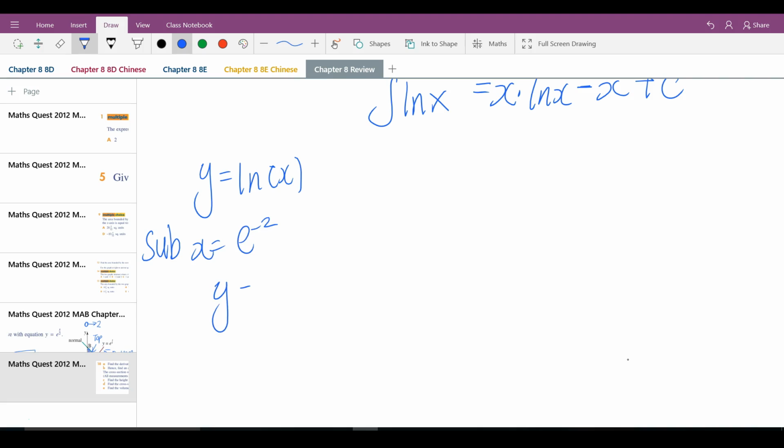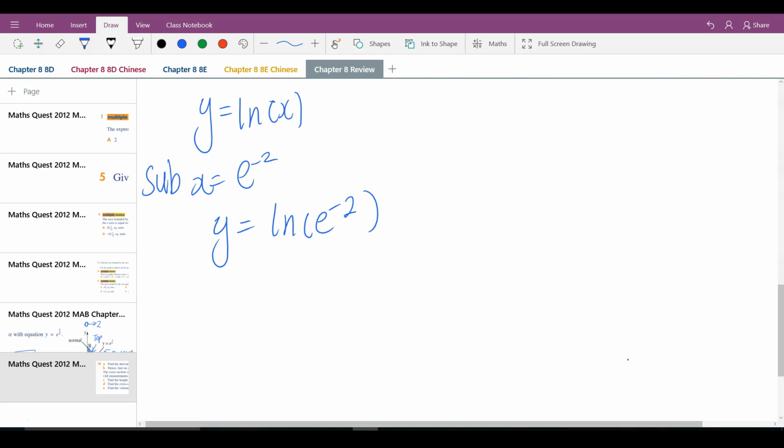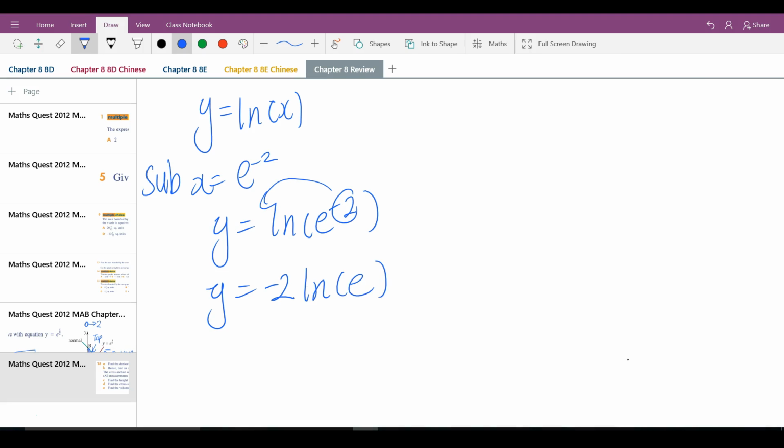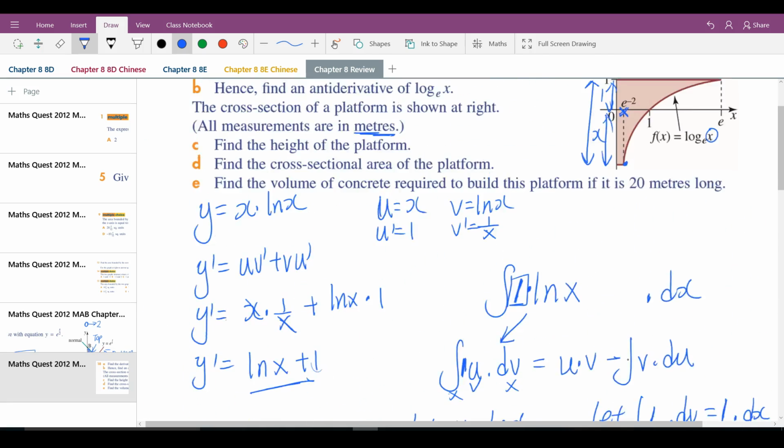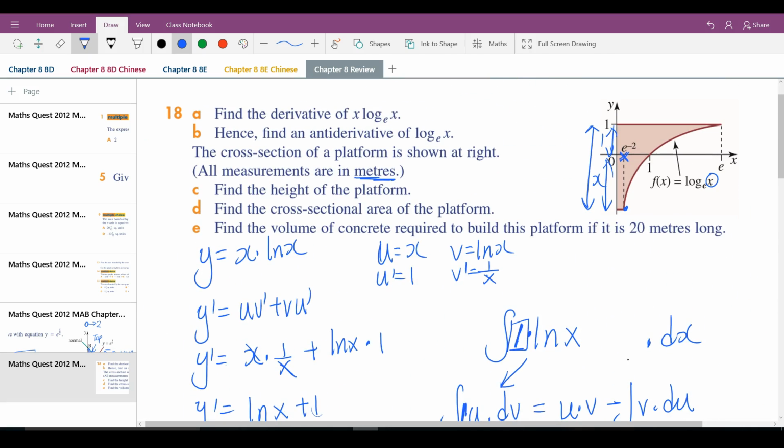So y is equal to ln e to the negative 2. Now with your log law, index law, you should know you can draw the power to the front. Now ln e, when the base of the log and whatever is inside the bracket are the same, that's equal to 1. So y is equal to negative 2. So this is negative 2.